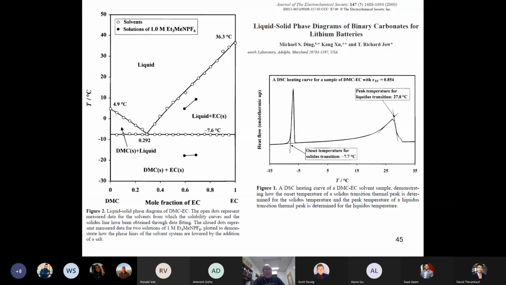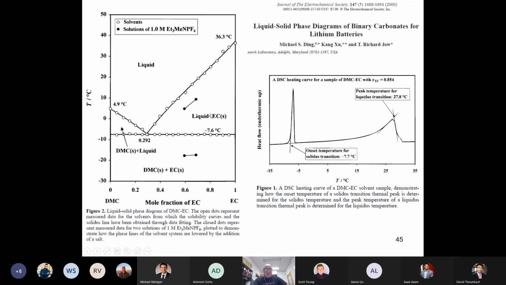Jeff, one question. So if we stay at this mole fraction of 0.8, just for the sake of the argument, if there is no salt in the entire electrolyte, which is, I think, the case on this slide, then there will be solid EC in liquid DMC, right? That's basically what this region is. In this region where my mouse is, you'll have solid EC and a liquid whose composition is given by the position of this line. So as the temperature increases, the liquid phase gets more and more rich in EC.